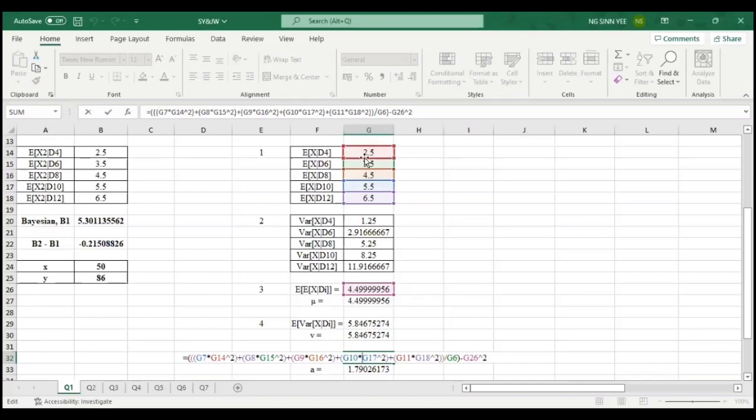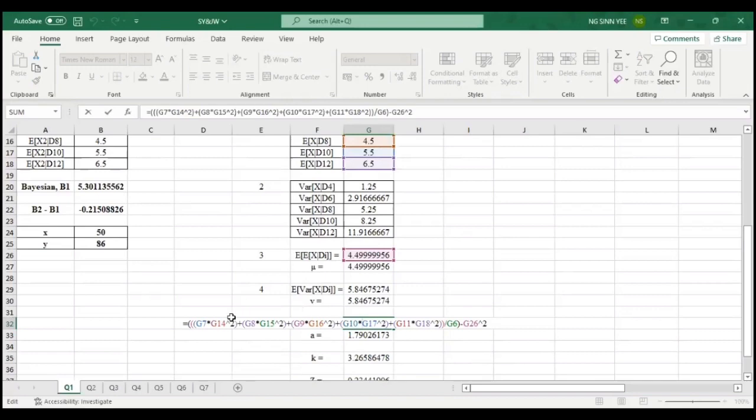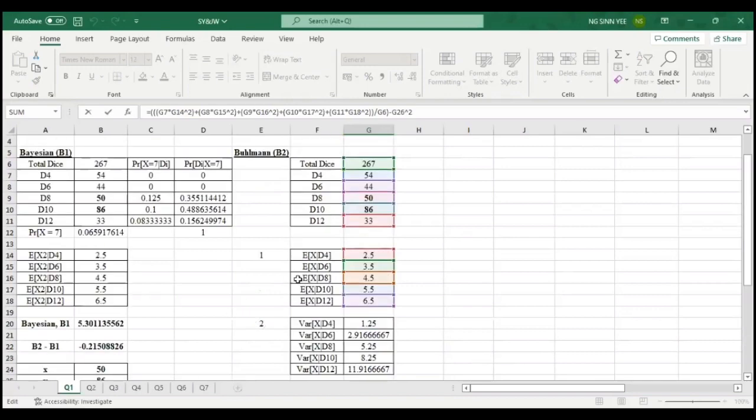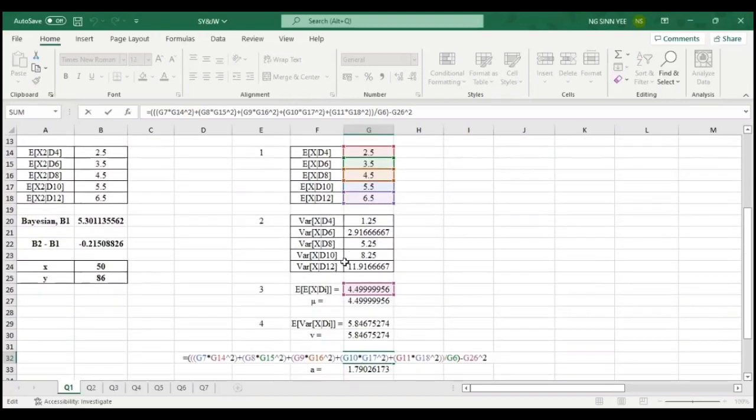So basically, we just take the expected value here and square it, and we just multiply it by the probability. So we will be getting the expected value of x squared on the condition of dice.